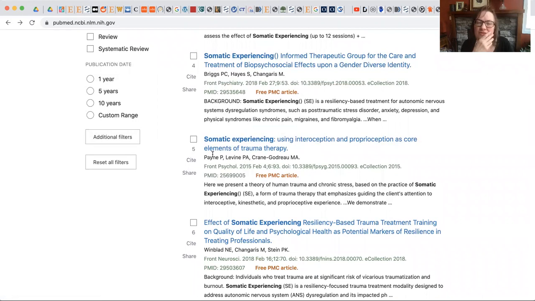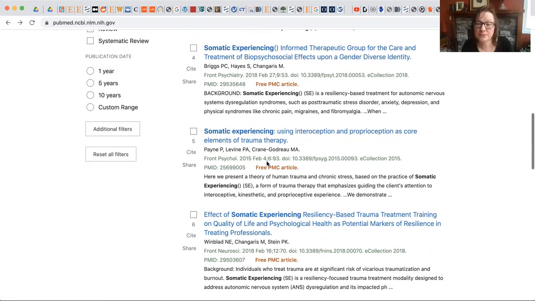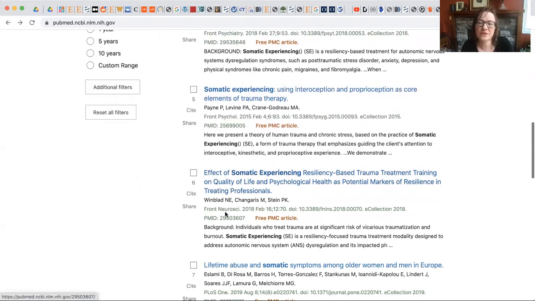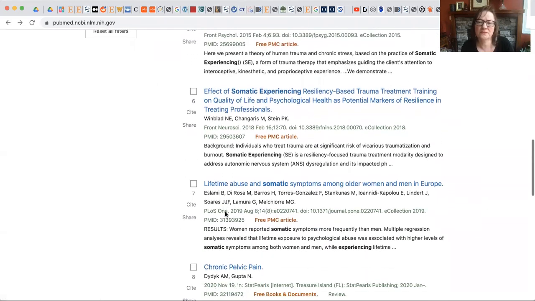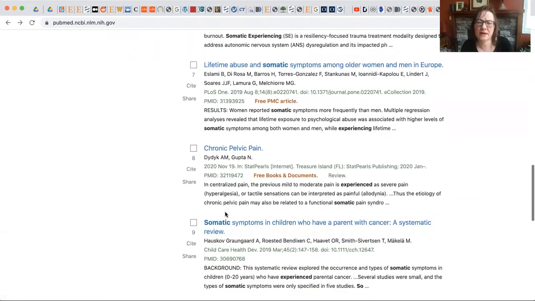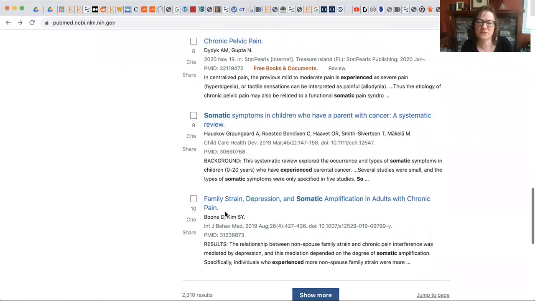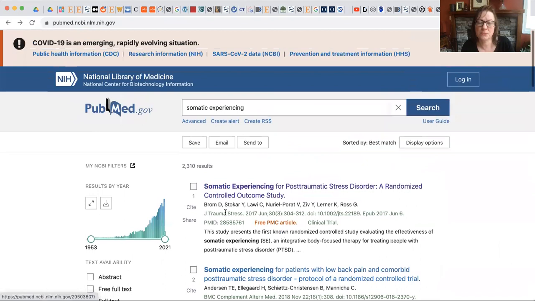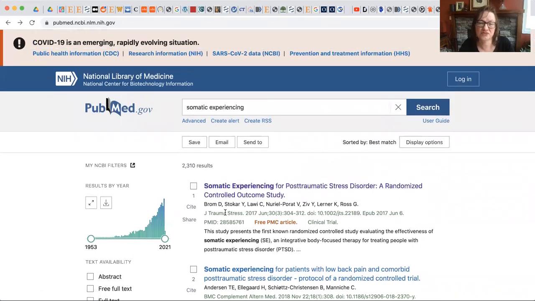I haven't seen gender diverse very much. Okay. Using interoception and proprioception, those are kind of like awareness of sensations inside you. So there seems to be a fair number of good articles that I have to look at to get a better sense of what I'm doing here for somatic experiencing. And maybe one of them will talk about something like trembling.